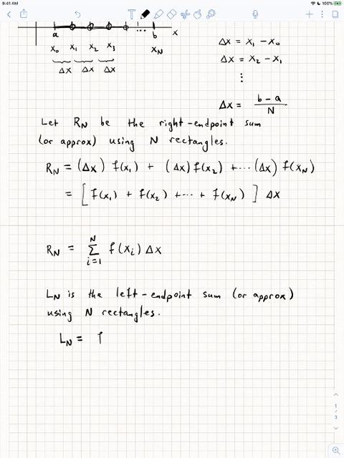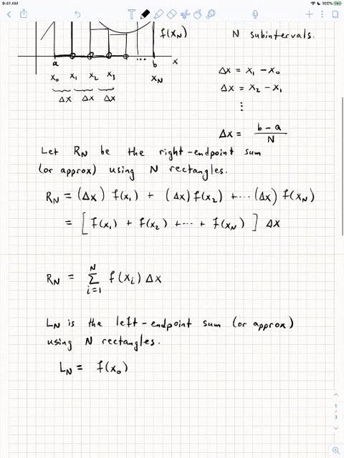So it's going to be f at x0, which is our leftmost endpoint. Our leftmost endpoint is x sub 0. So we evaluate f at x0 to get our height times delta x, plus f at x1 times delta x, and so on, until the very last one, which is not x sub n, but x sub n minus 1, delta x.